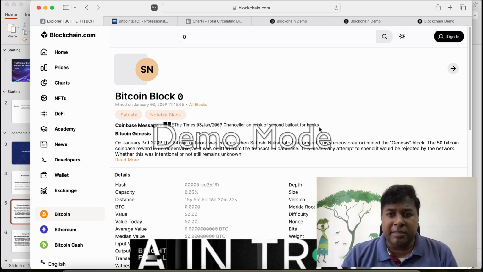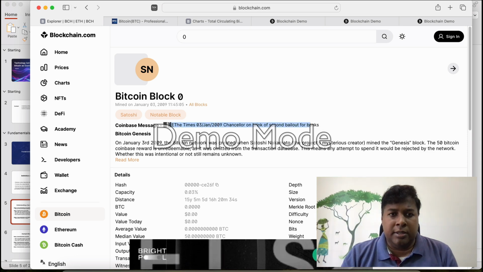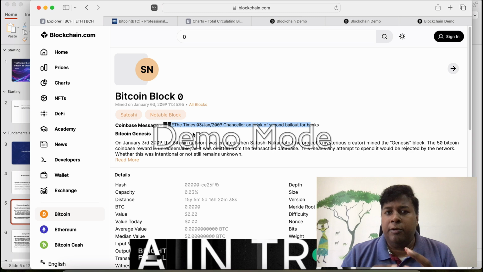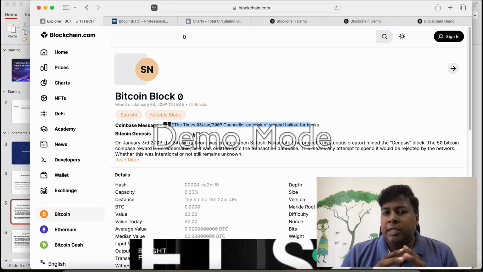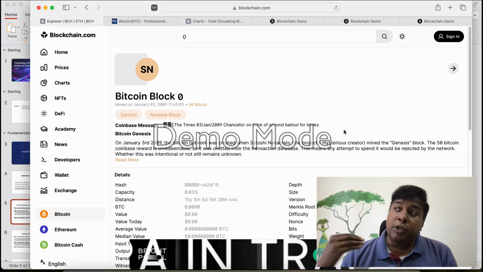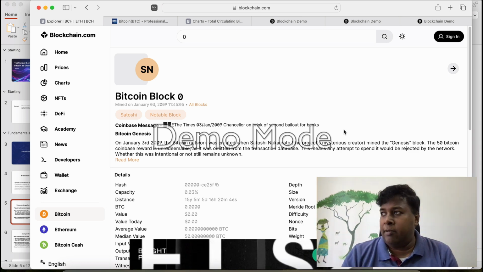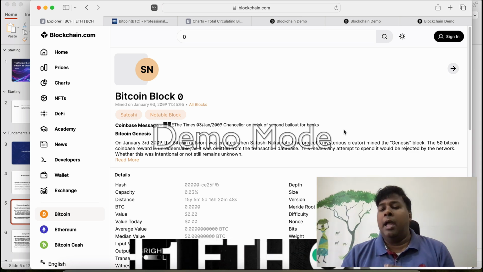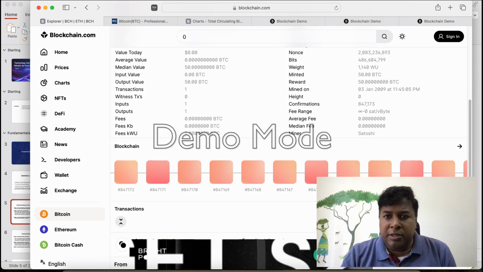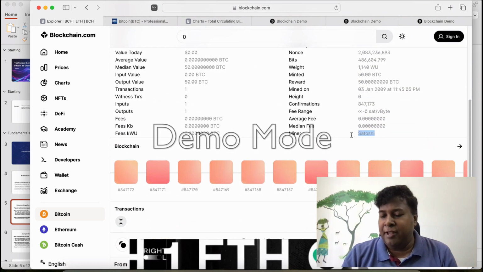The Coinbase message here is: The Times 3 January 2009, Chancellor on the brink of second bailout for banks. That was in the newspaper of that day, 3rd January 2009, so that was put there. Another interesting thing is that the miner was Satoshi himself.